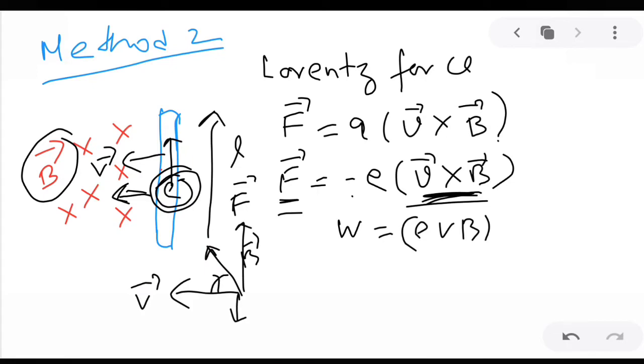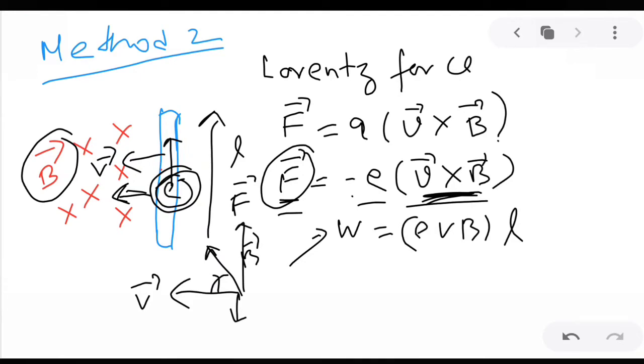Here I am taking the work done on the electron. The force was in vector form, so I have taken the sign of the electron. Here I am taking the magnitude, EVB times L. This is the work done.